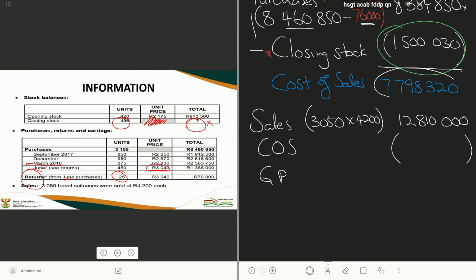What do you subtract? Yes, you're very correct. You subtract your cost of sales, which is 7,798,320. When you do this, you will now get what is known as gross profit.